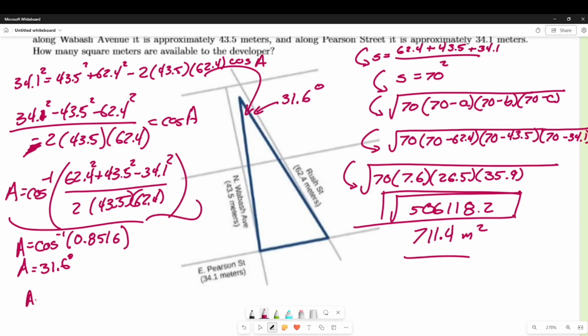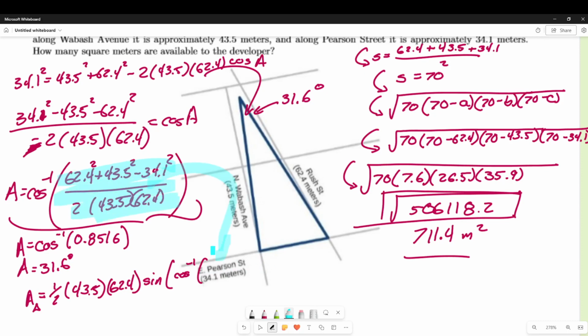Now, yeah, we do have to use two different tools here, but a little different. But then the area of that triangle is 1/2 the 43.5 times the 62.4 times the sine of the 31.6, but we could even say the sine of the cosine inverse of the 0.8516 if we wanted to do less approximating, or even the cosine inverse of all of this stuff.